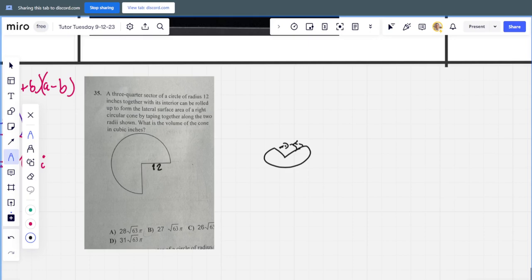Okay. What I can tell here is that when we combine and we merge these radii together, what's going to happen? I really got to visualize this here.